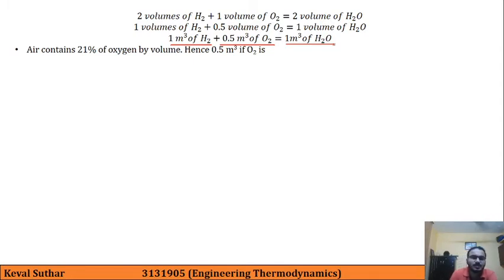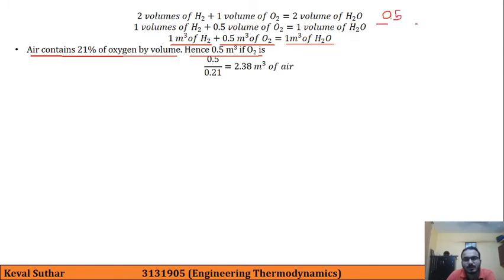And again, as we all know, air contains 21% of oxygen by volume. So here we are having 0.5 meter cube of O2. Then to get the total air, we can say 0.5 divided by 0.21. If you recall, the same thing was done in our previous slide.